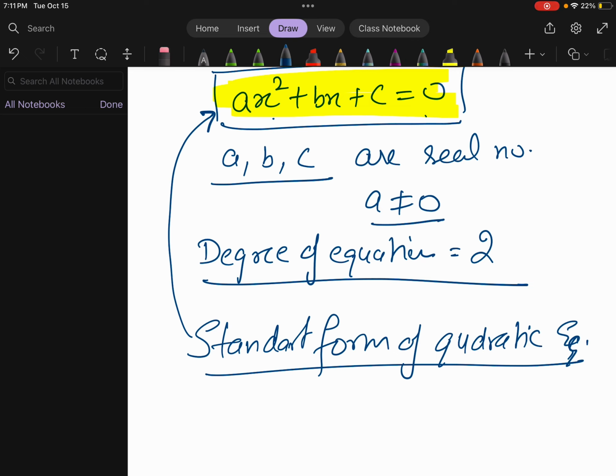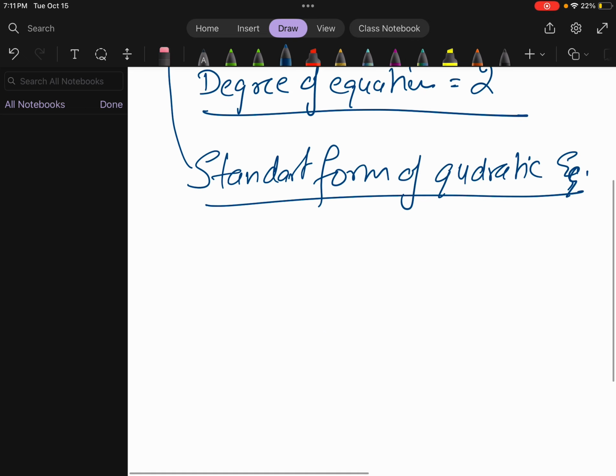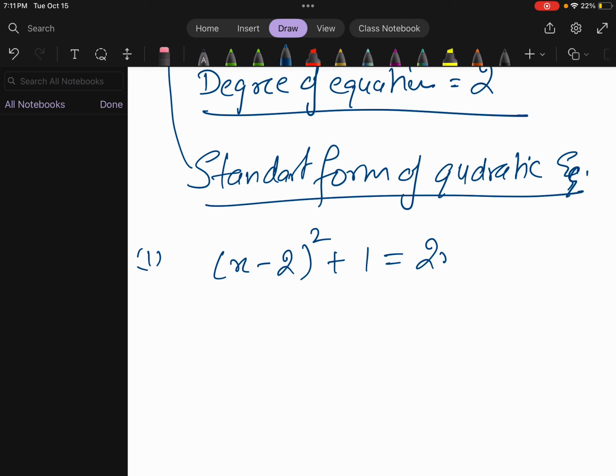Now the first point we are going to discuss is how we will check whether an equation is a quadratic equation or not. So let's take (x minus 2) square plus 1 is equal to 2x minus 3.